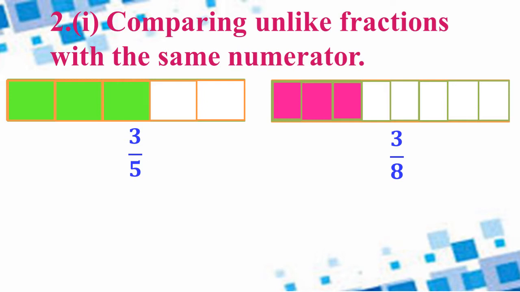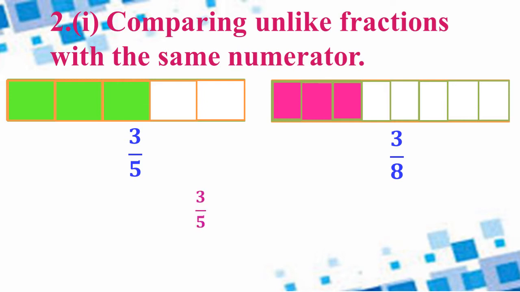For 3 by 5, we will shade 3 parts out of 5 equal parts. For 3 by 8, we will shade 3 parts out of 8 equal parts. So let us find which one is greater.